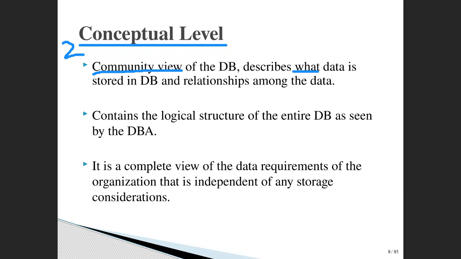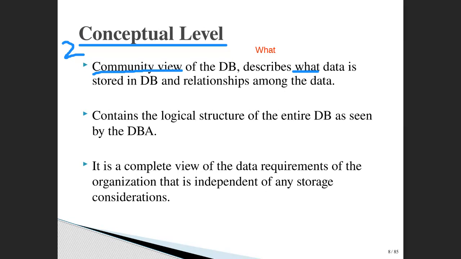So we are talking here about what data is to be stored in the database, and what the relationships among the data are. What data means representing entities, relationships, attributes, and constraints, but in a logical way.